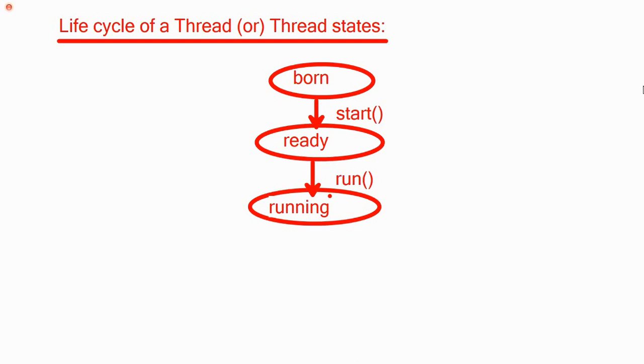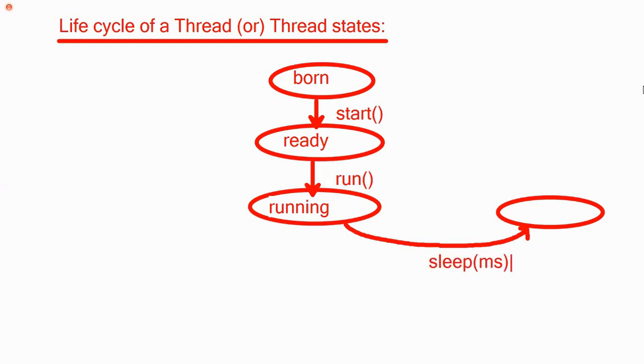Now all are running. But while running, you may need to place a thread in sleep mode if it is not required for some time period. There is a sleep method. If you call the sleep method, you have to pass some milliseconds, and then it is in the sleeping state.